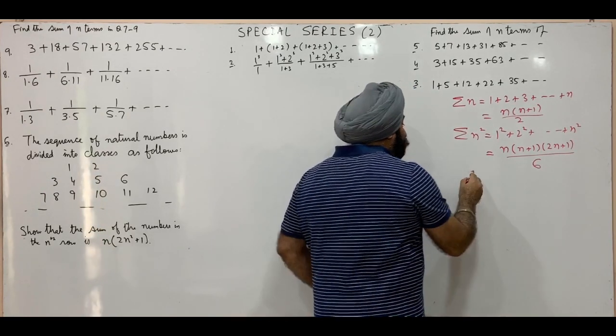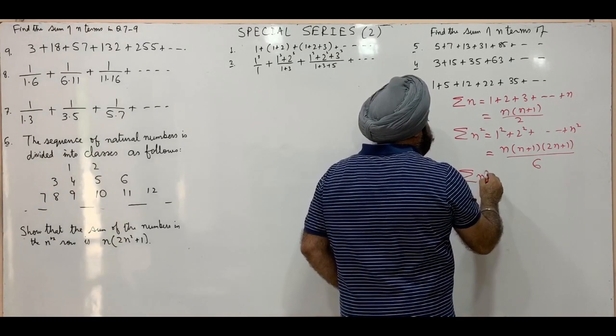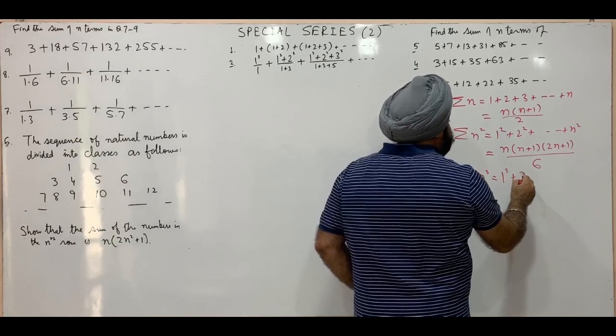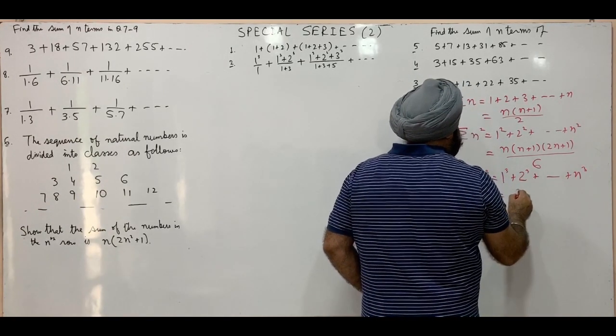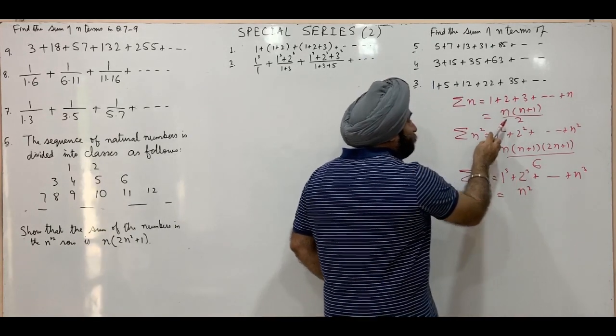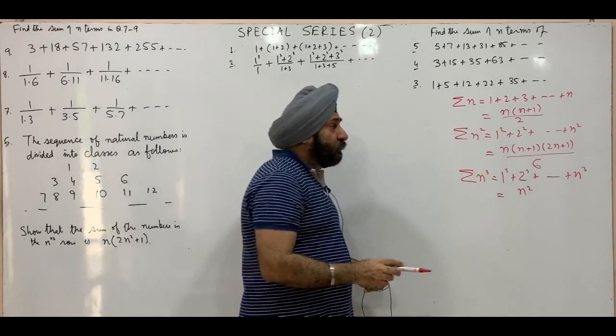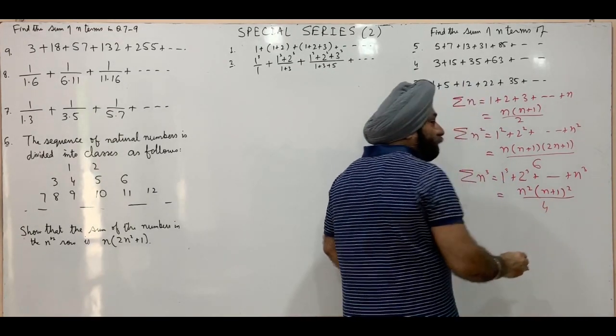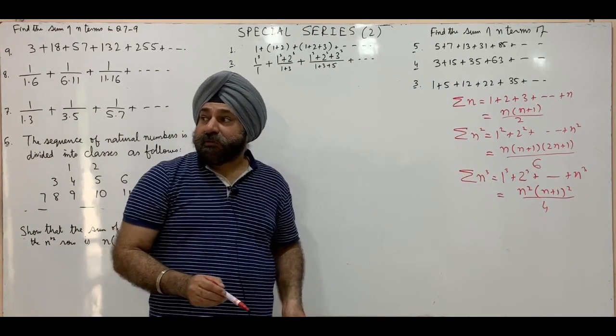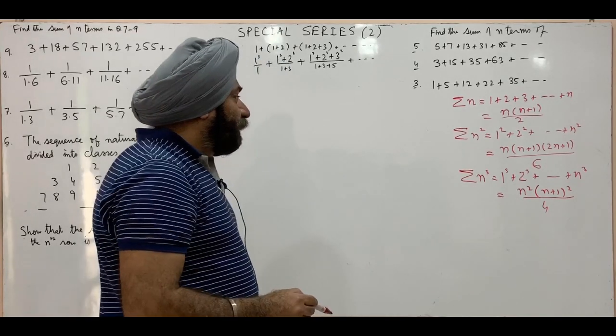And one more, sigma n cube, that is 1 cube plus 2 cube and so on up to n cube, that is equal to the square of this value, that is n square into n plus 1 whole square upon 2 square, that is 4. So this is sigma n cube.